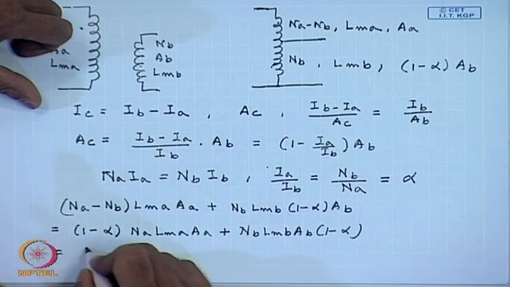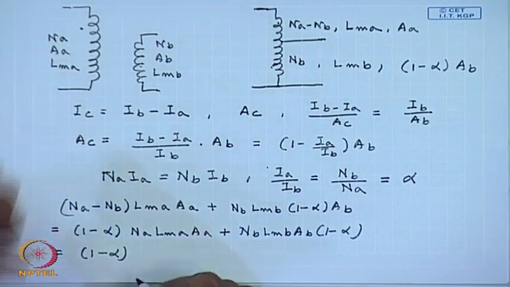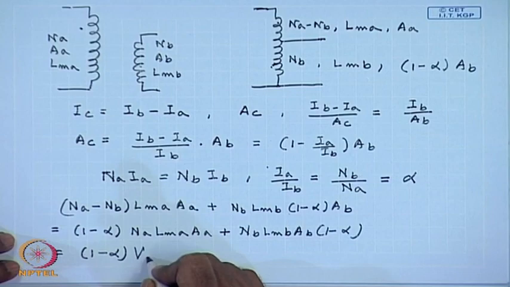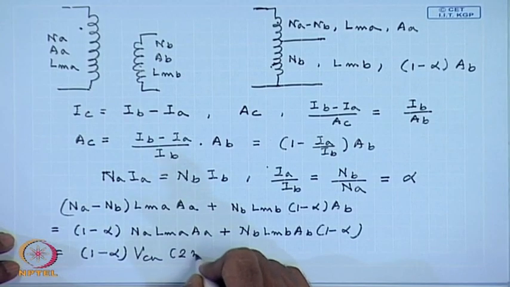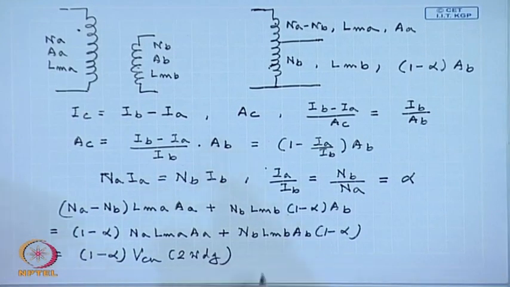Hence, this is also equal to 1 minus alpha times the volume of copper in a 2 winding transformer. Hence, we see that for the same kVA rating, the autotransformer will give lower losses as well as use lower copper volume.